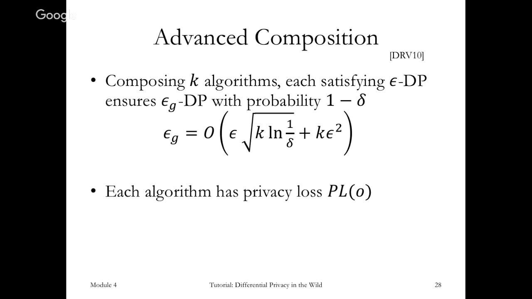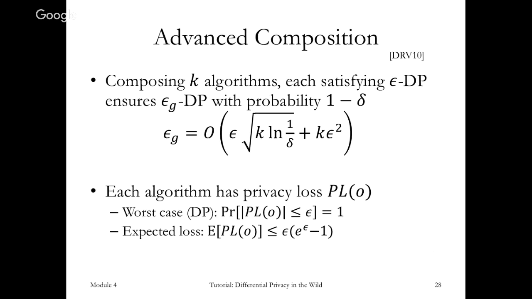It says that in the worst case it lies between negative epsilon and epsilon with probability 1. Similarly, as this is a random variable, you can also analyze its expectation or variance. And then we can bound the sum of these k variables with the expression we see above, with high probability 1 minus delta, by Azuma's inequality.